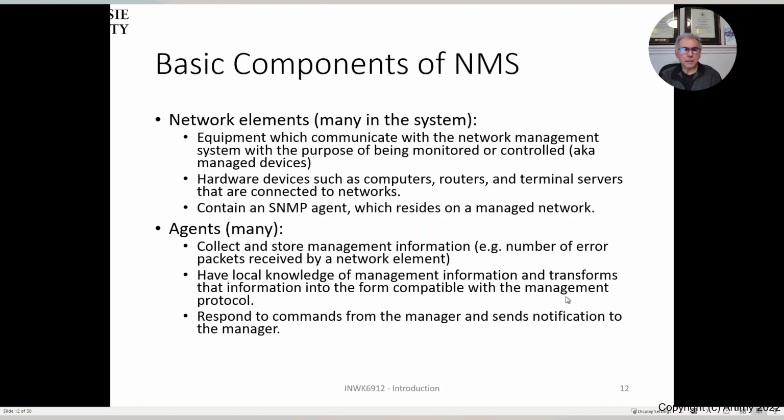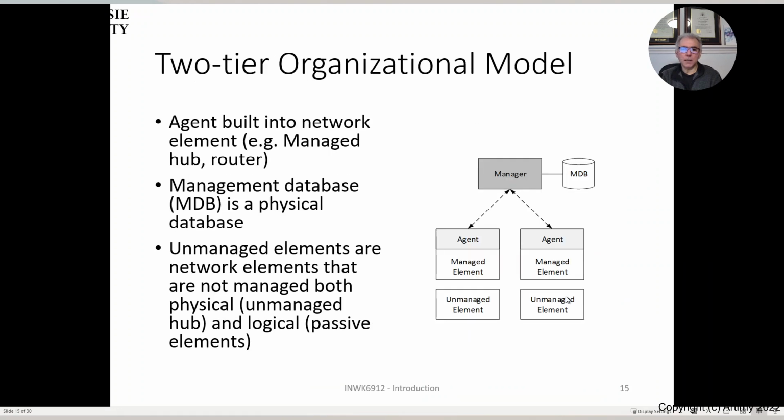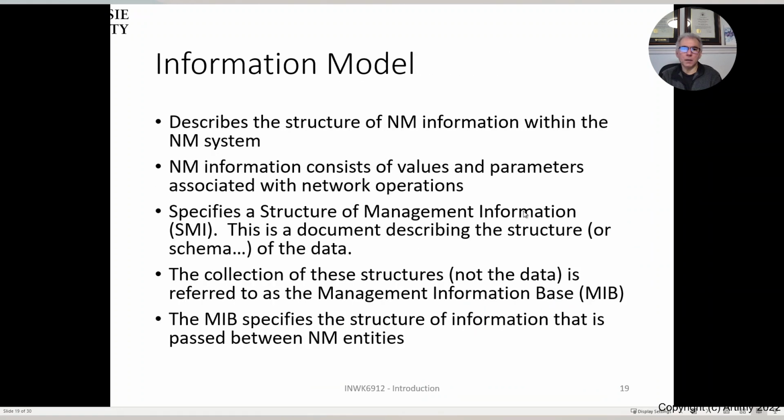So all of this is described by the information model. What is the format of all of this information, and what is the structure of the information itself? We will see later that we have a specific structure. All of this information is organized in a specific database, a specific structure.